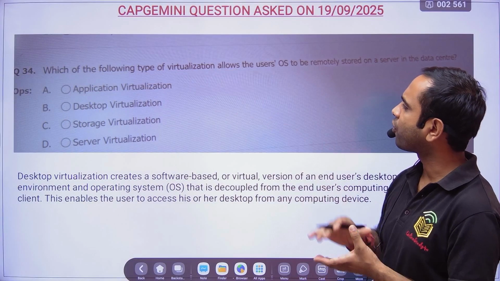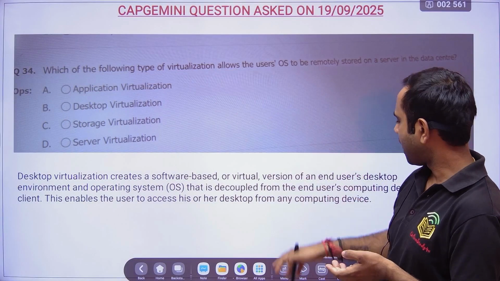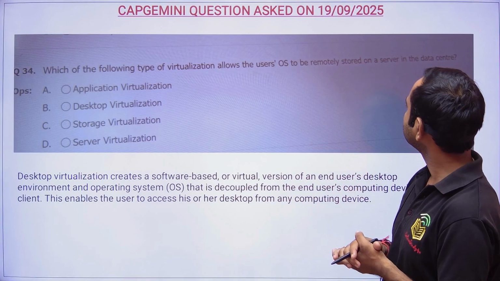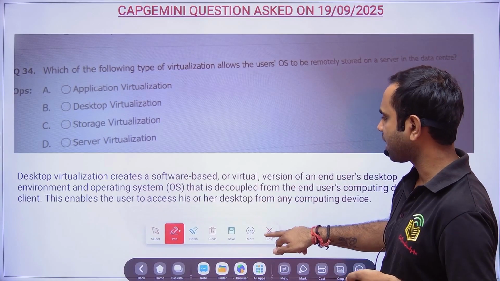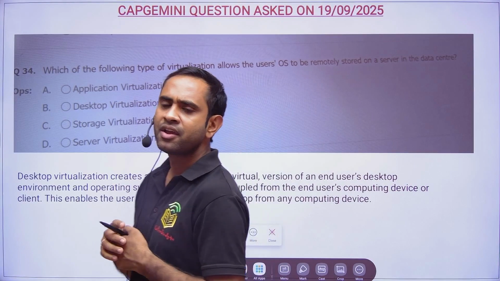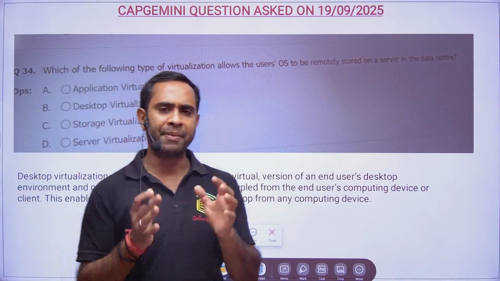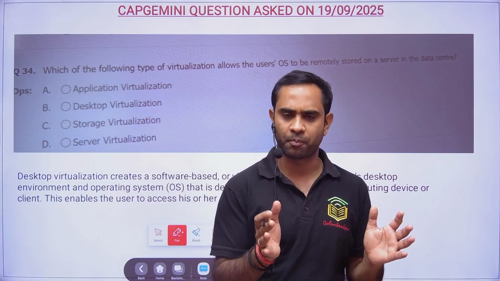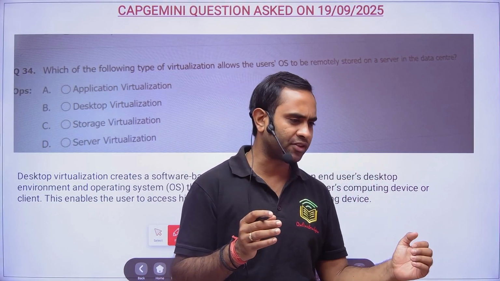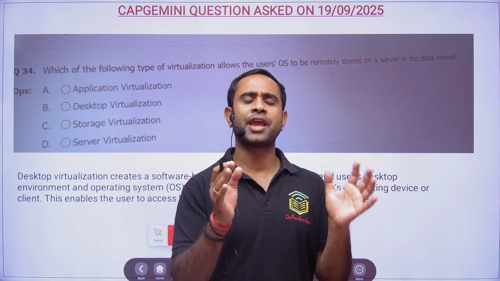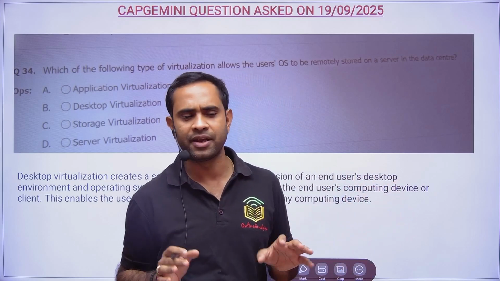Then, which of the following types of virtualization allows the user's OS to be remotely stored on a server in the data center? So friends, what happens is, if you have a laptop, you have an operating system, either Windows or Linux, and you are operating it.